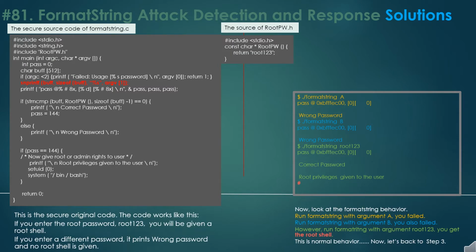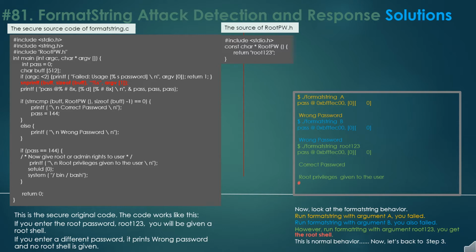This is the secure original code. The code works like this. If you enter the root password, root123, you will be given a root shell. If you enter a different password, it prints wrong password and no root shell is given. Now, look at the format string behavior.